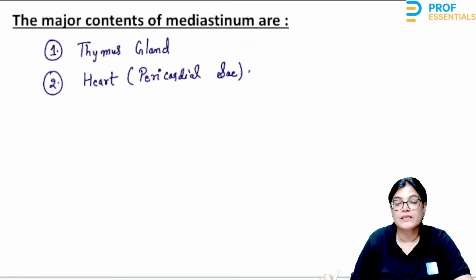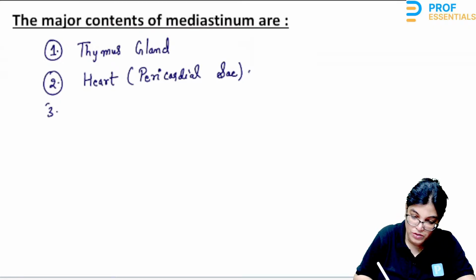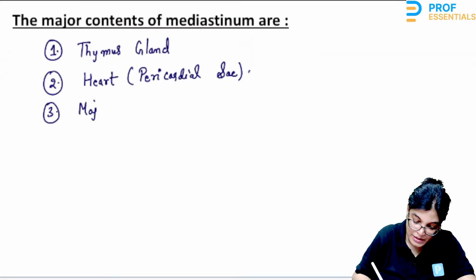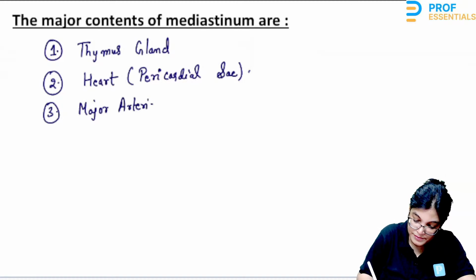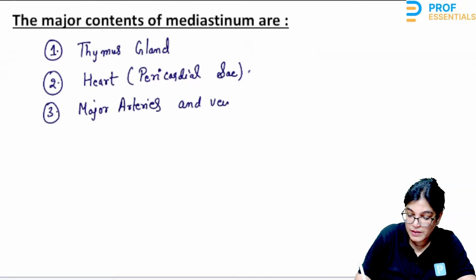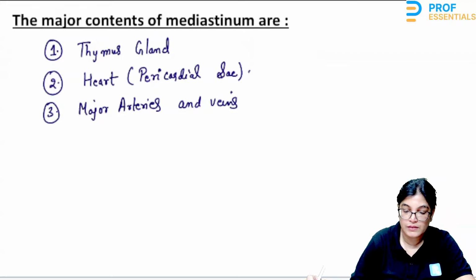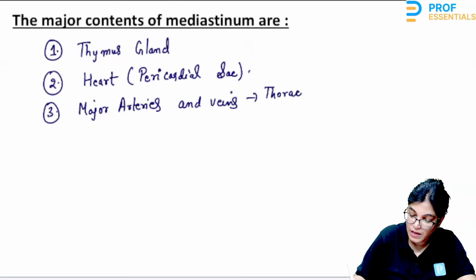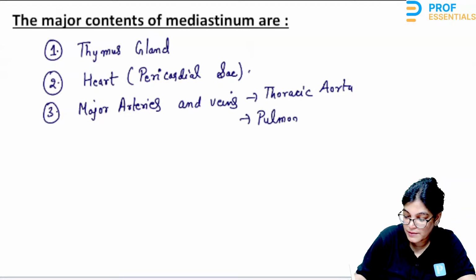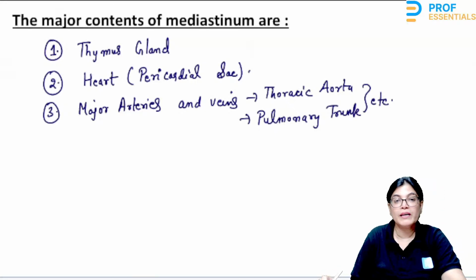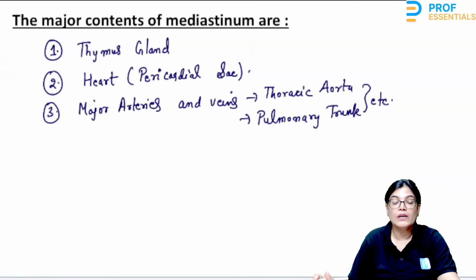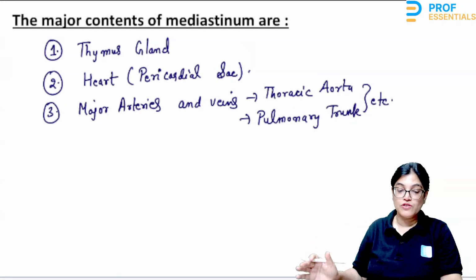The major arteries and veins of the thoracic cavity, such as the thoracic aorta, pulmonary trunk, and pulmonary veins. So there are too many structures. I'm not naming them all here because we will subsequently learn the important structures residing in various parts of the mediastinum. We will subsequently learn about each and every part.